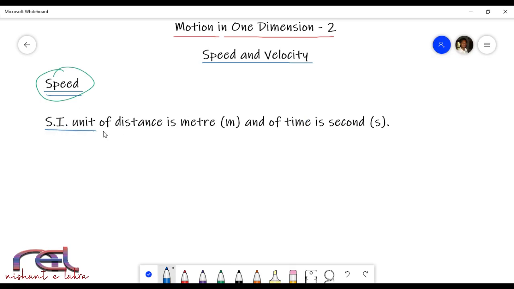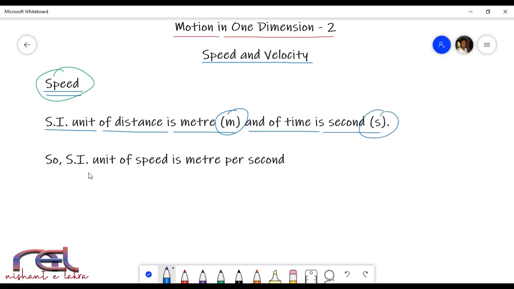And the SI unit of distance, you already have known it before, we have studied about it. The SI unit of distance is meter, represented by small letter m, and time is second, represented by small letter s. So the SI unit of speed will be meter per second. You see, we're just connecting to what we have studied before.